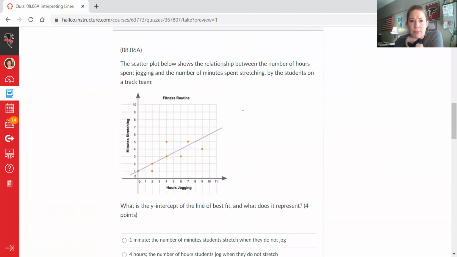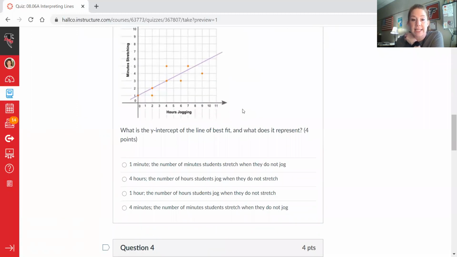It says the scatter plot below shows the relationship between the number of hours spent jogging and the number of minutes spent stretching by the students on the track team. What is the y-intercept of the line of best fit? The y-intercept is always on the y-axis. So make sure you read what the y-axis is labeled.